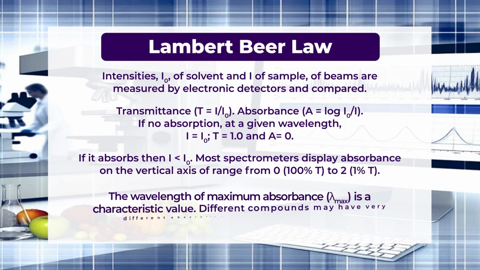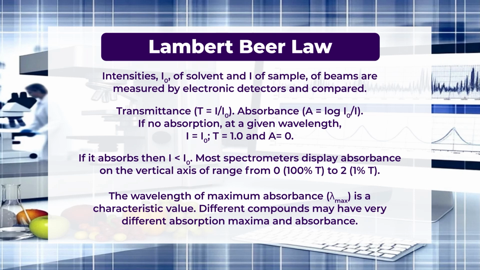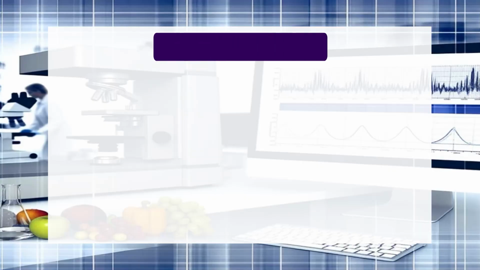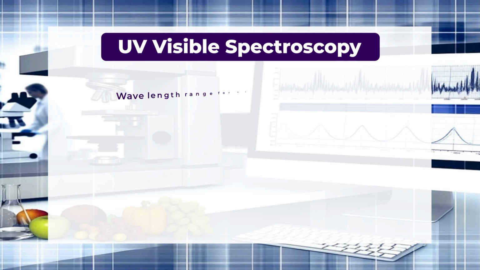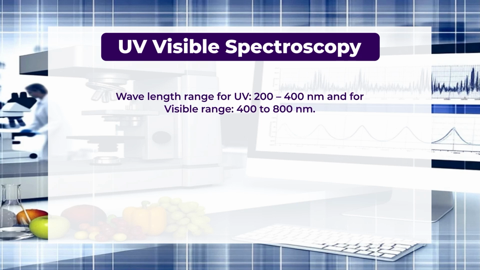We always check the wavelength of maximum absorbance, the wavelength at which the maximum absorption occurs, lambda max, and this is characteristic. For all compounds, visible or non-visible, where visible ones are colored and non-visible ones are not colored, the lambda max is characteristic of the compound. The range for the UV is 200 to 400 nanometers. For the visible, it is 400 to 800 nanometers.